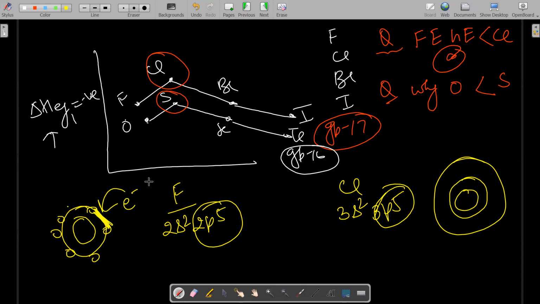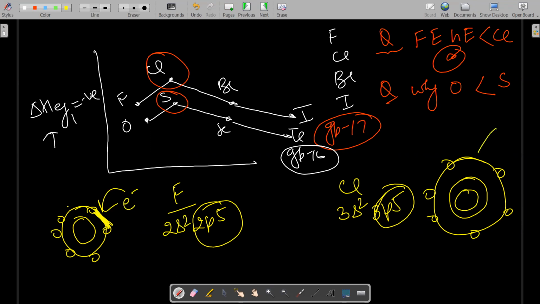They will repel, and when they repel, some energy has to be provided. So the electron gain enthalpy's negative value decreases. But in chlorine, the 5 electrons are present in the outermost shell, but the size is larger as compared to fluorine. So there is inter-electronic repulsion, but this repulsion is lesser than that repulsion.